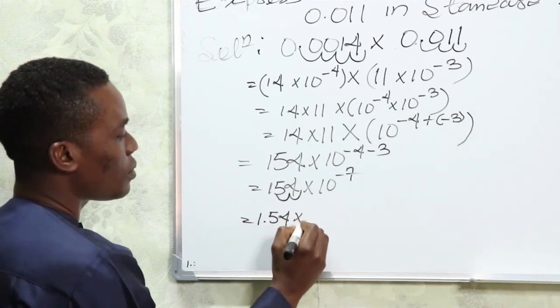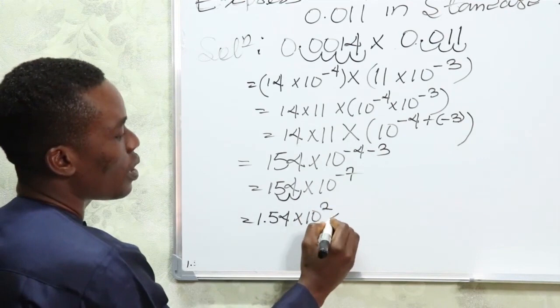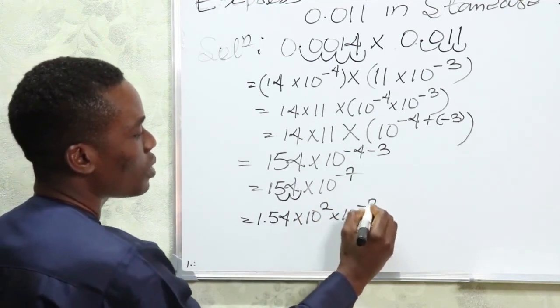So that will give us 1.54 times 10 raised to power 2 times 10 raised to power minus 7.